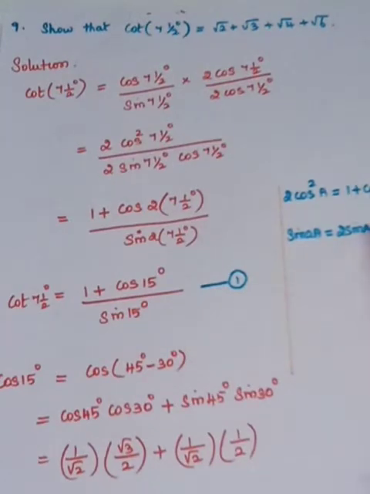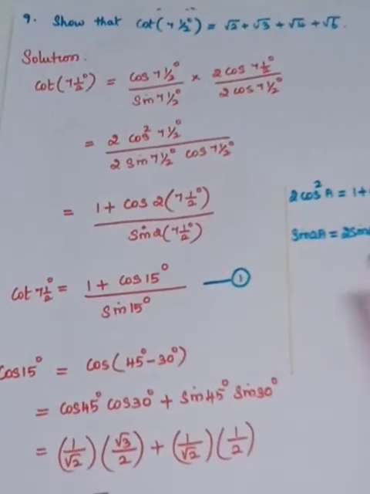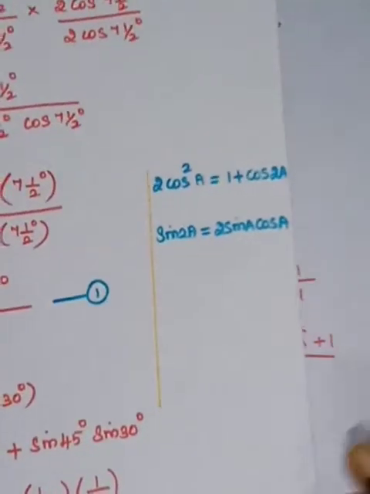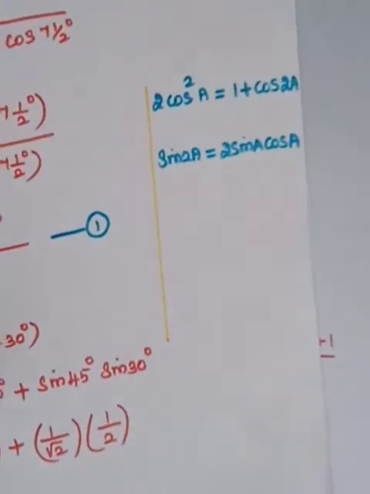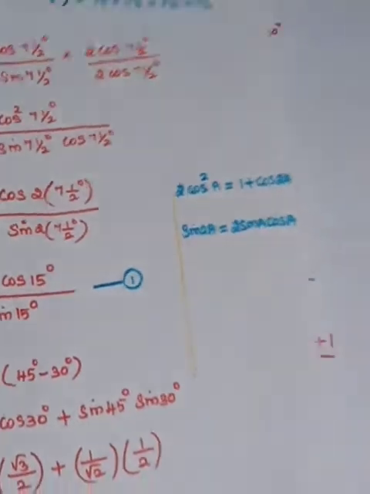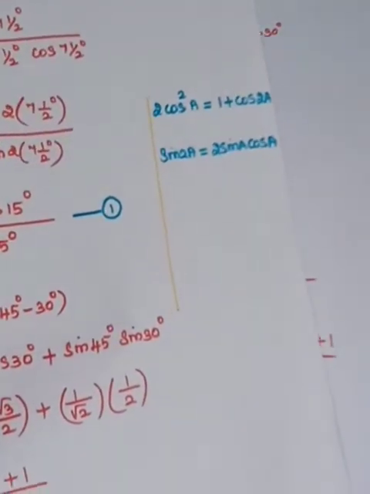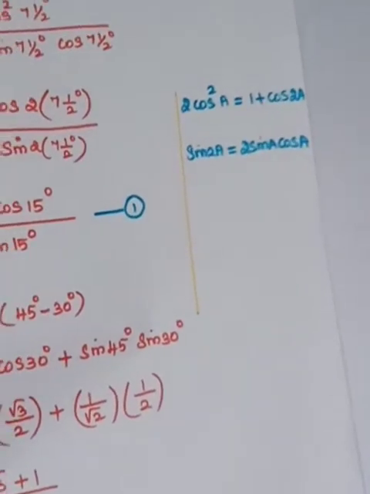You know very well, for cos 2a you are having three formulas. One is cos squared a minus sin squared a. Another one is 2 cos squared a minus 1. The third one is 1 minus 2 sin squared a.